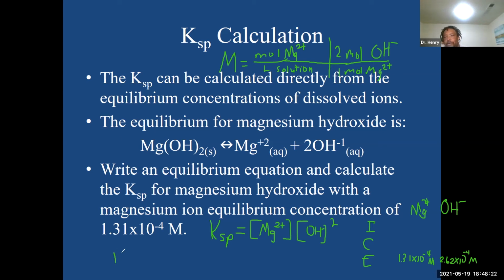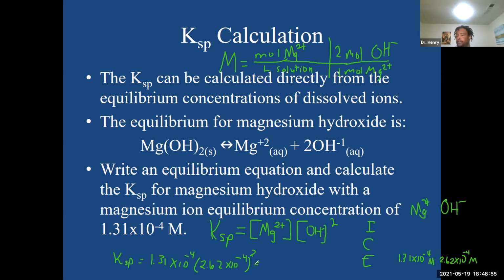So I get KSP equals 1.31 times 10 to the minus 4 times 2.62 times 10 to the minus 4 squared.